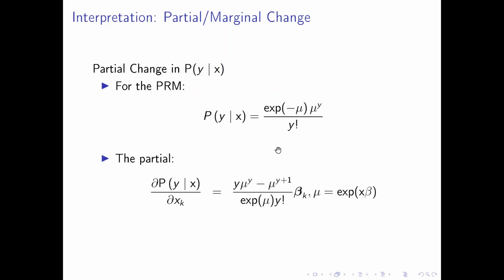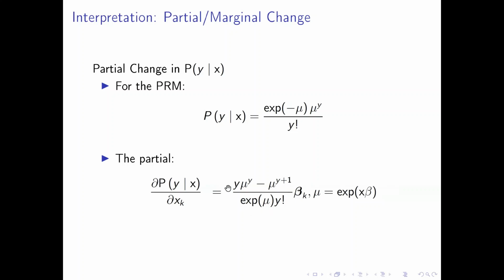And the partial, as we go through very tedious computation, turns out to be this quantity. That is the response of our interest, multiplied by mu, the expected count, raised to the power of y, minus mu raised to the power of y plus 1, divided by the exponential function of mu, that is expected count, multiplied by y factorial.